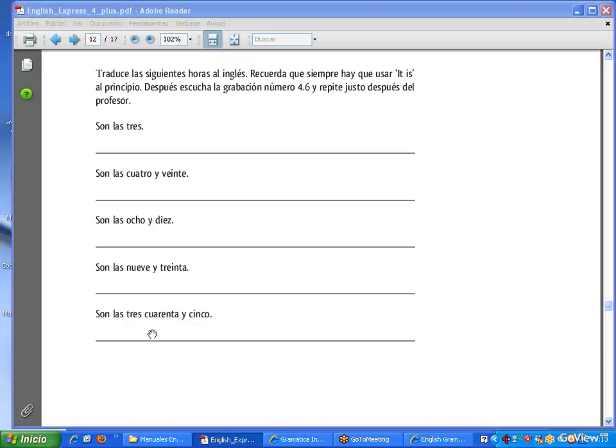Very important. The days and the weeks and the months of the year. We can write it in various ways, okay? It's not always the same, but this is a very simple way of saying it.